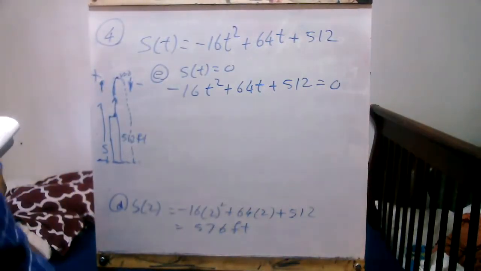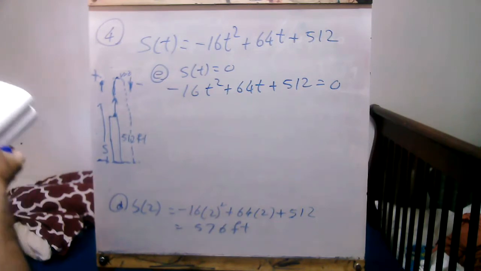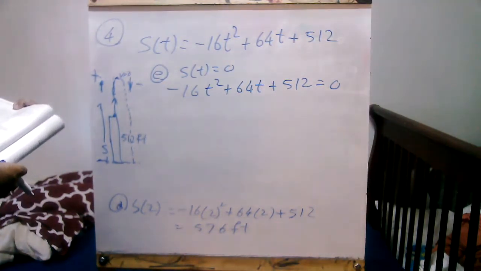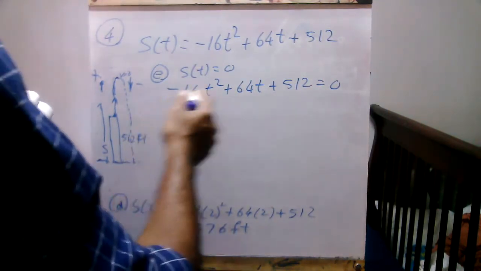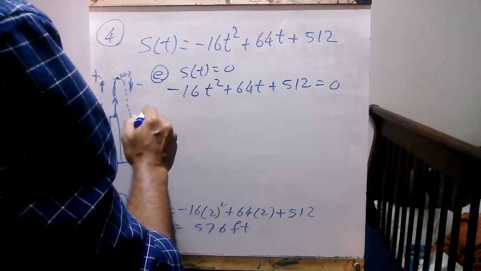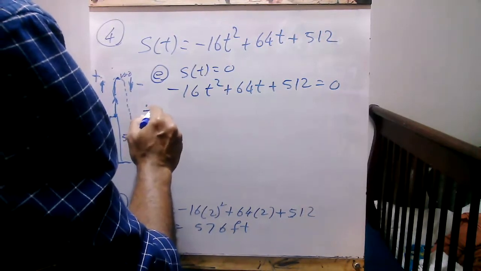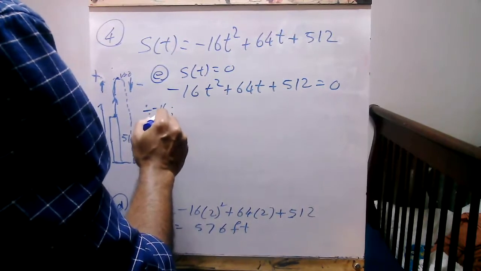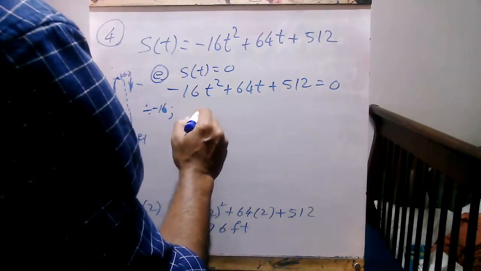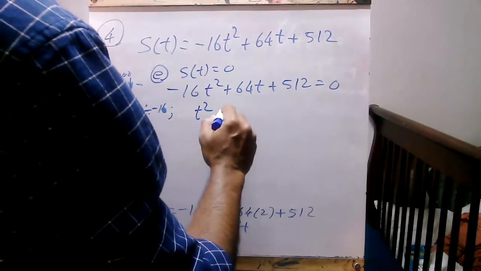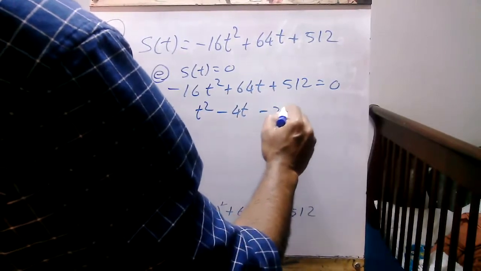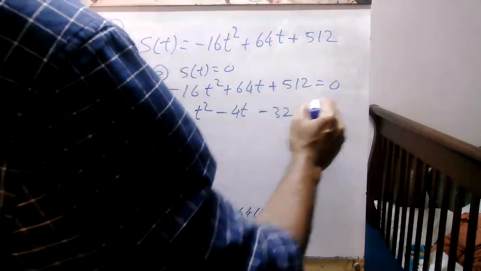We know several methods to solve this quadratic equation. Divide everything first by negative 16, we get t squared minus 4t minus 32 equals 0.